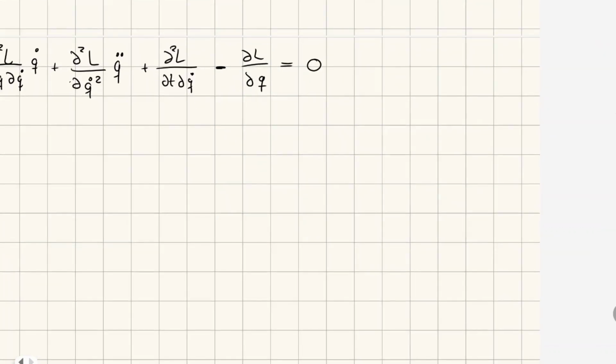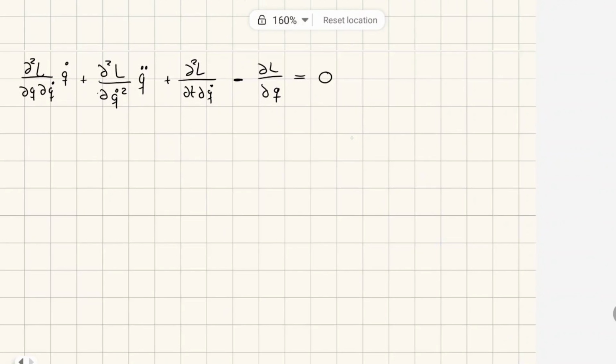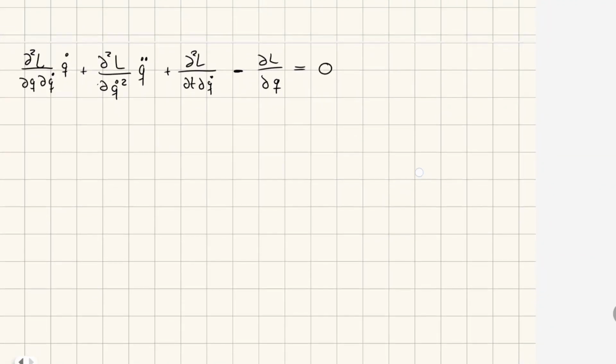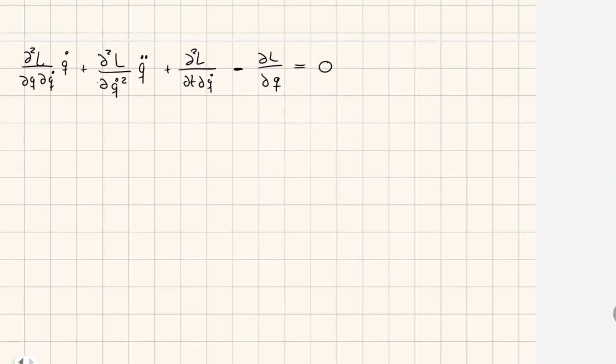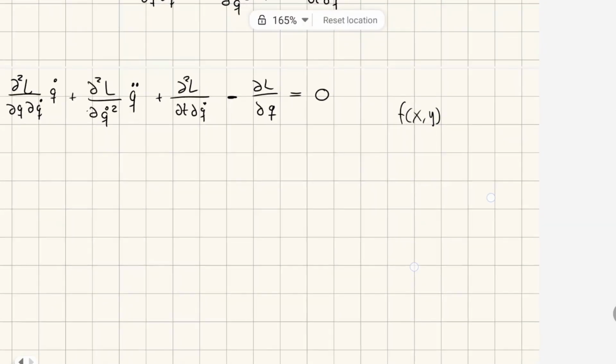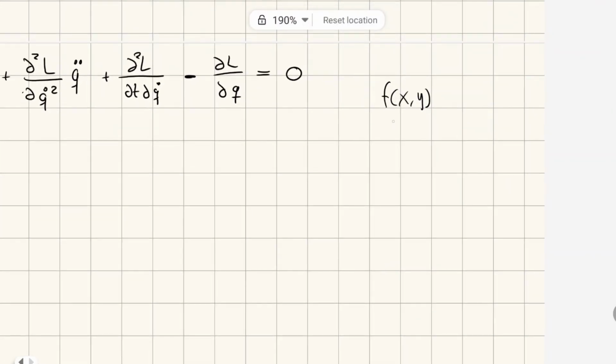Another thing that we need to mention is the Clairaut theorem. It says that if we have a function of two variables, for example f of x comma y, whose first and second partial derivatives with respect to x and y exist and are continuous, then we can switch the order of the derivatives.